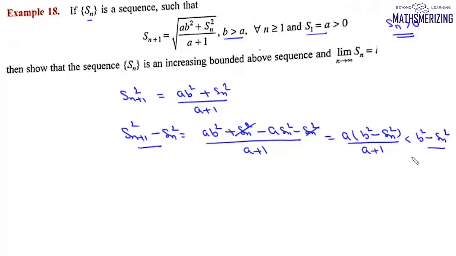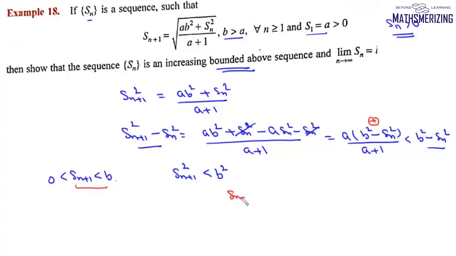Now we compare these two, we can write Sₙ₊₁ square will be less than B square. That is, the sequence is bounded above. So any term of the sequence will be greater than 0 but less than B. Now since Sₙ is less than B, that means B square minus Sₙ square will be positive.